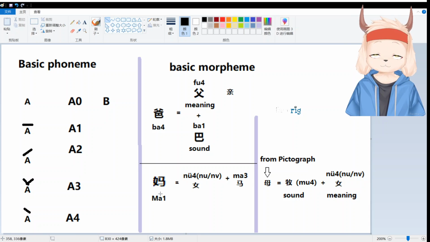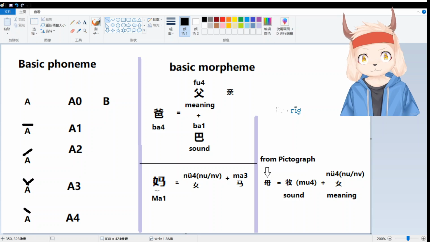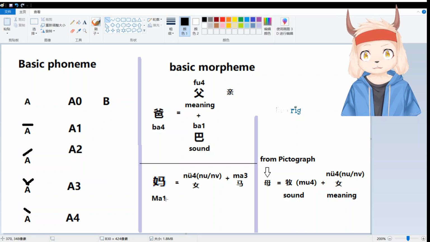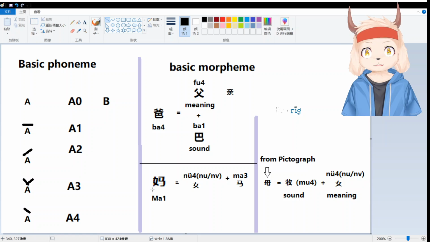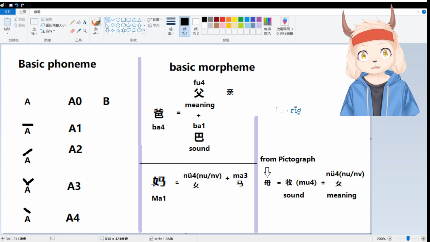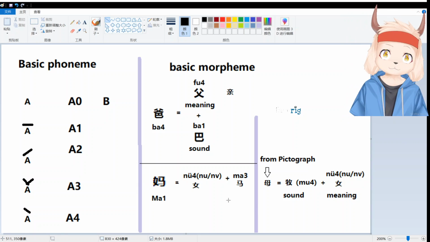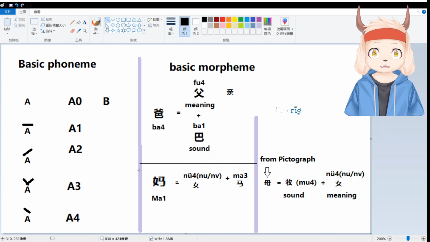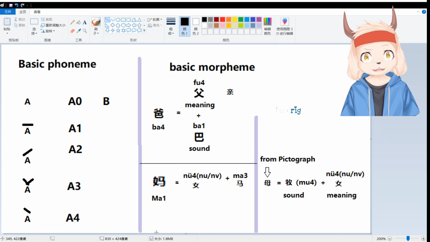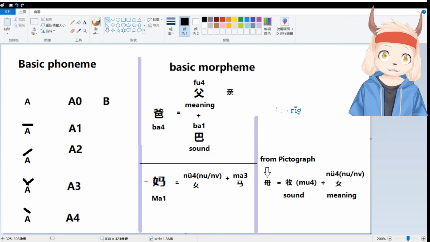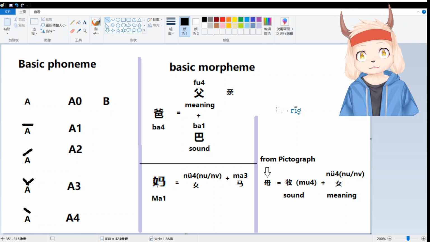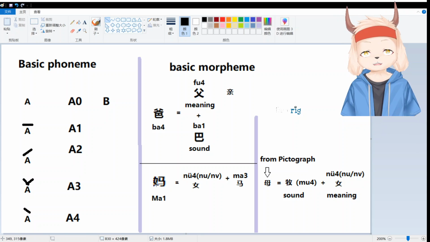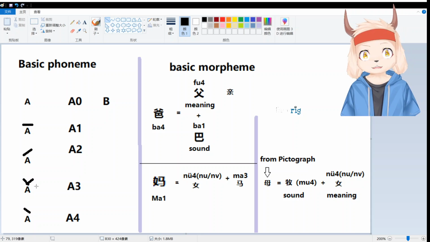Now, this word sounds like ma, meaning mother. As for the origin of this word, this character, or this concept, a lot of linguists, how do you say that, a lot of people who study language think this concept and this character are from the Northern Wei dynasty, from the concept of the Xianbei people.